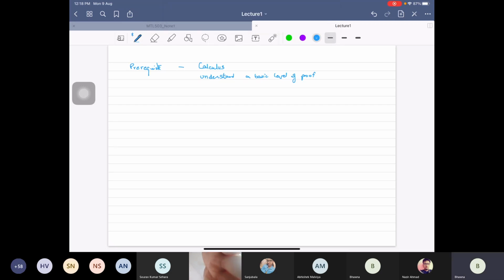In any basic course in mathematics, you will always study some properties of a set endowed with some structures. So in calculus, you have seen that you have the real number system, which we denote by R. We were studying functions on R, right?